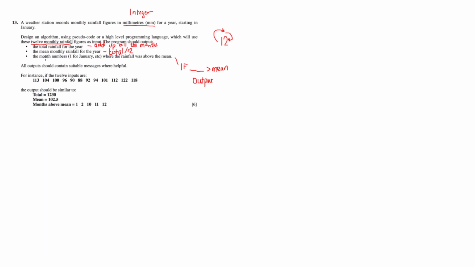Because I'm going to have to go back through all the data that I originally inputted, I'm going to have to store the data. So I need a suitable data structure to store it, and for that, I'm probably going to use an array. In my array, it's going to have all 12 inputs, stored inside each element.